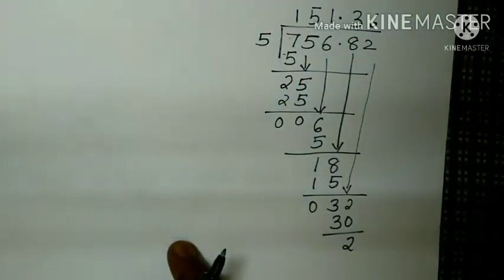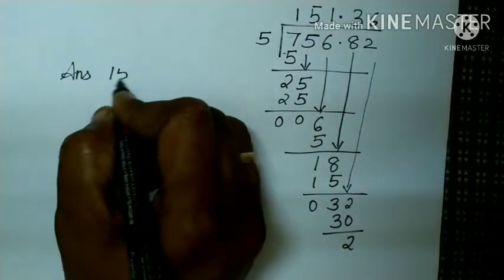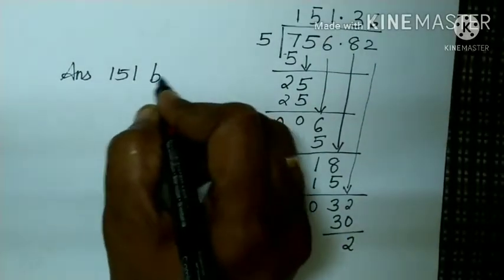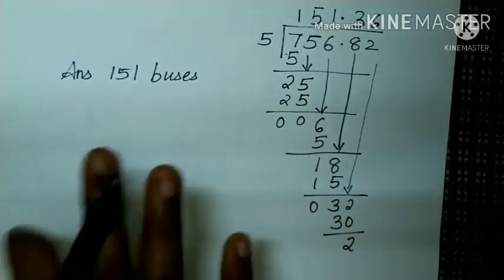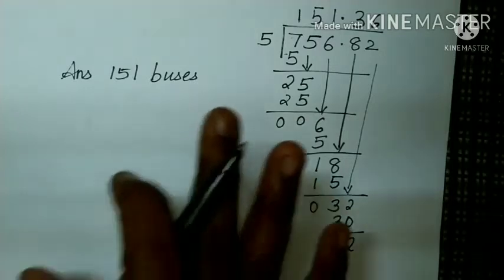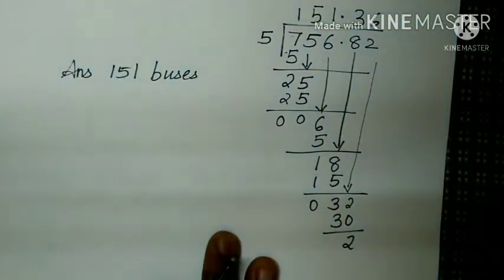That bridge is around 151 buses. So the answer is 151 buses. That is not accurate, but around 151 buses is needed to cover the bridge. Understand?